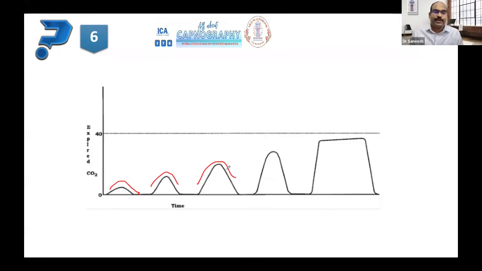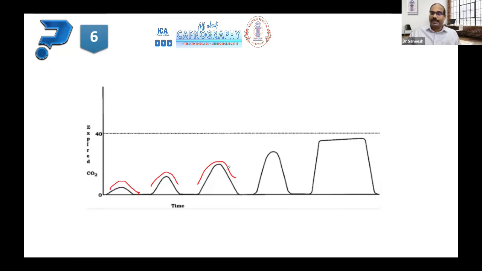Initially you reverse the neuromuscular blockade, and initially smaller tidal volumes are taken spontaneously. As the patient gets released from the neuromuscular blockade, his muscle power improves. Gradually his tidal volume improves, his alveolar ventilation improves. So after some time, when the breathing efforts are adequate, our sampling is good enough to reflect his PCO2.